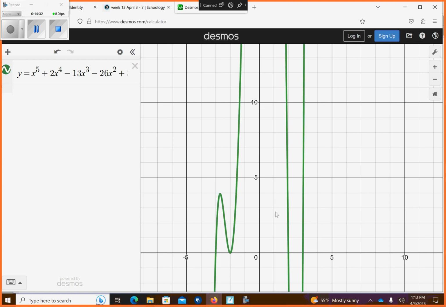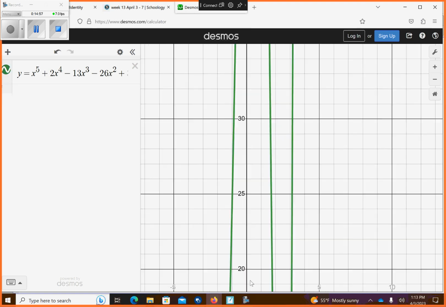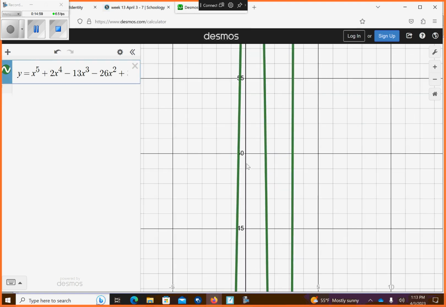So I'm just looking for the max values. It looks like negative 2.694 is a max. At negative 2, we have a local min. And if I take this up way too high, hopefully I can find that.